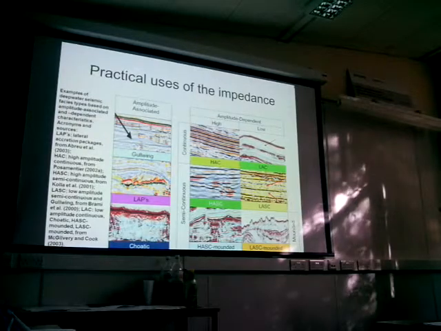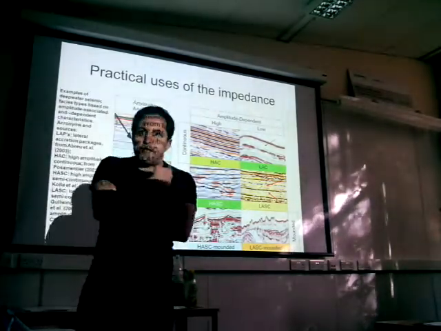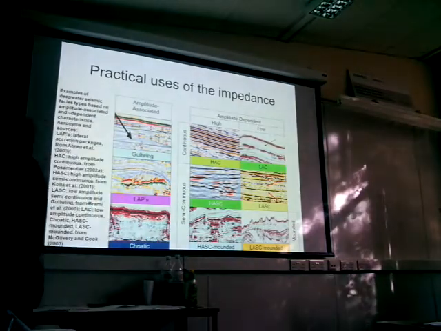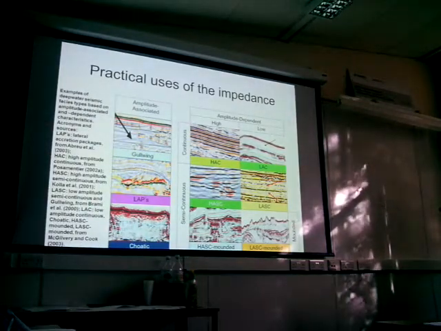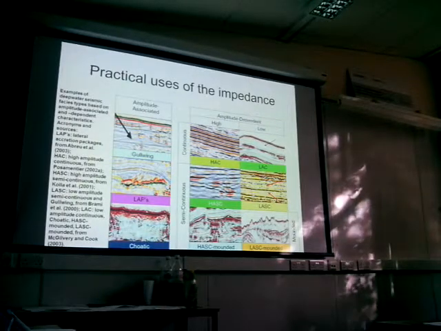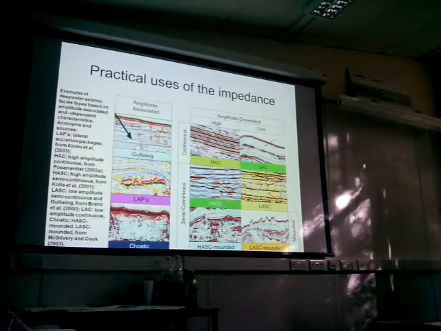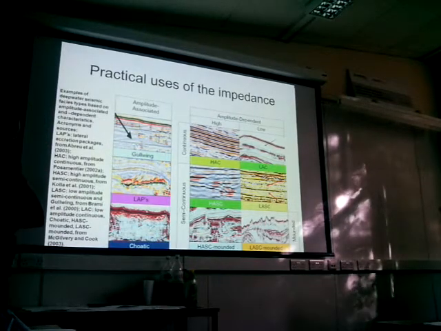So they produce a series of papers in which they show how we should classify the various types of contrast of impedance and amplitude variation, amplitude property, observational things, and you can relate them to the contrast of impedance.